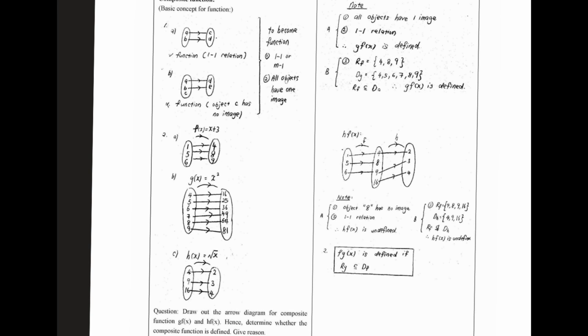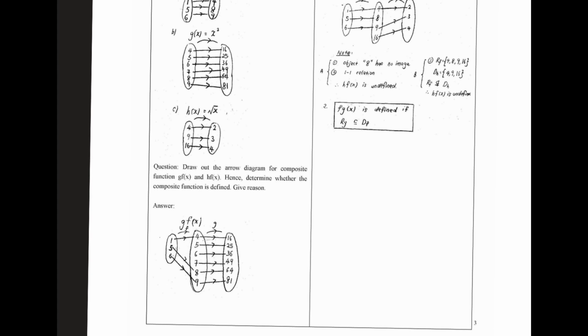What else did they mention here? Domain of g. Domain of g is 4, 5, 6, 7, 8, 9. As you can see in the arrow diagram again, function g starts from here. So these are the domain of function g, 4, 5, 6, 7, 8, 9.